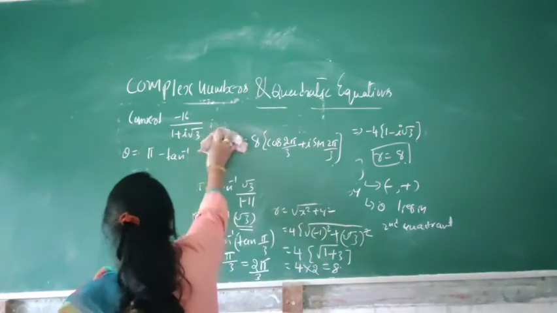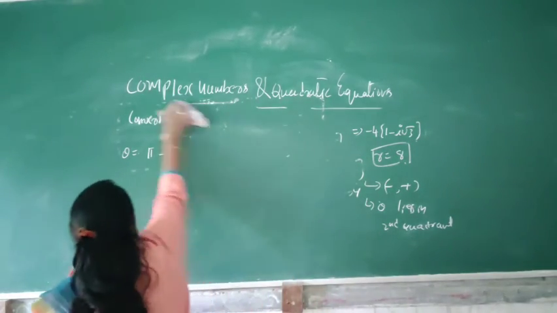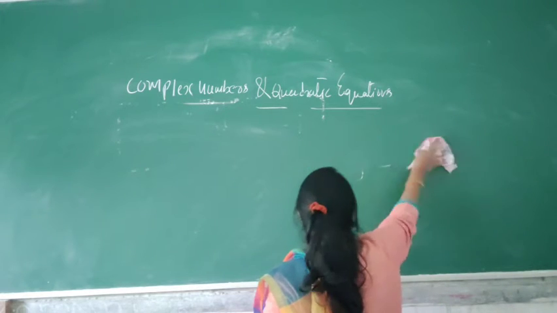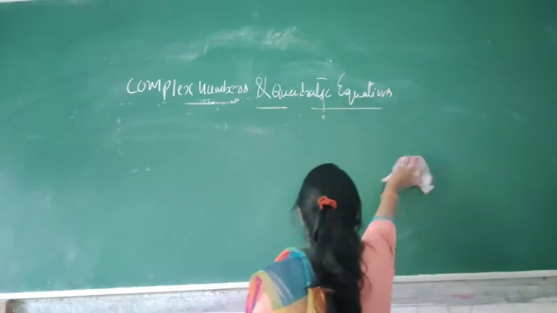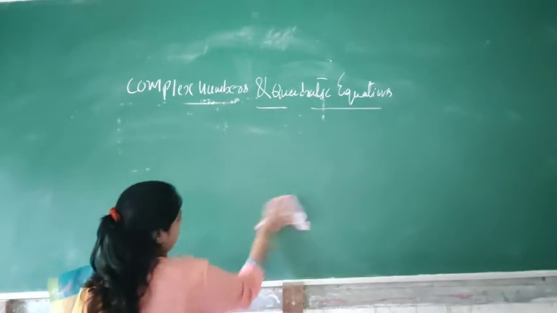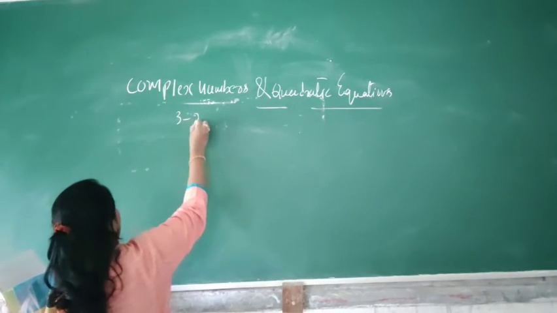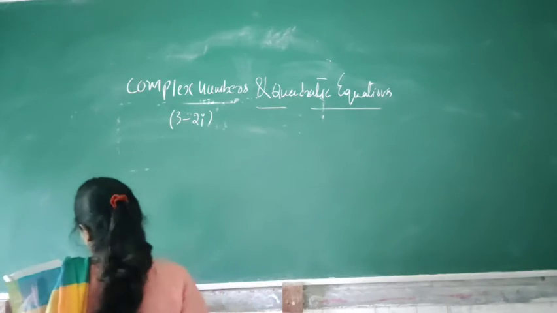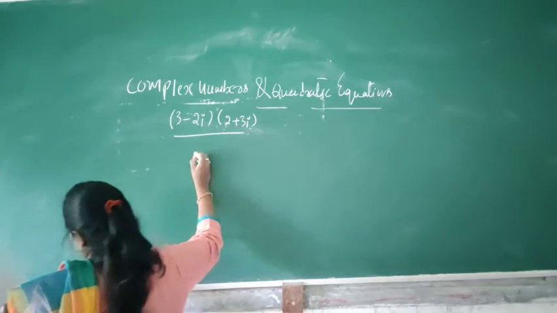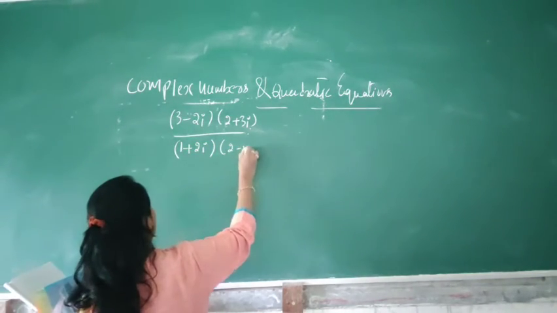So next. Find the conjugate of 3 minus 2i, 2 plus 3i divided by 1 plus 2i, 2 minus i.